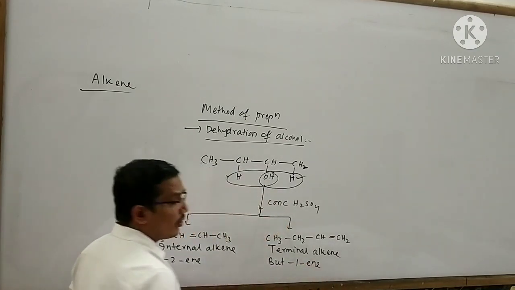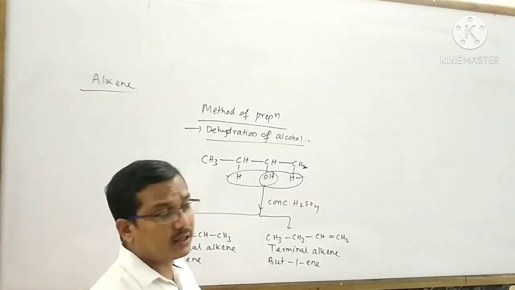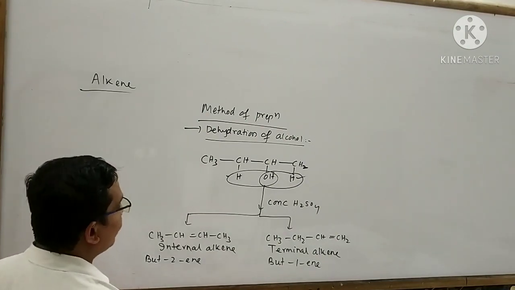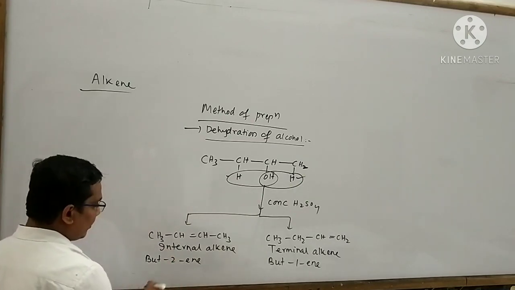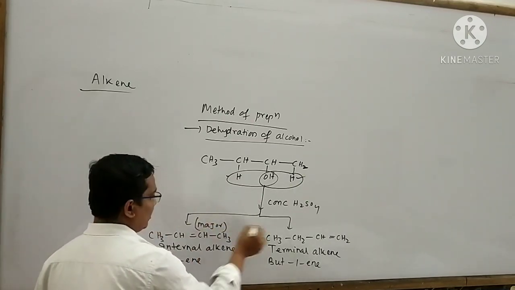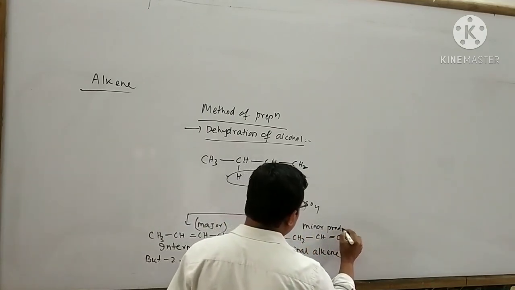but-1-ene. We know that an internal alkene is more stable than a terminal alkene. That's why but-2-ene is more stable than but-1-ene. So in this type of reaction, this is the major product and this is the minor product.